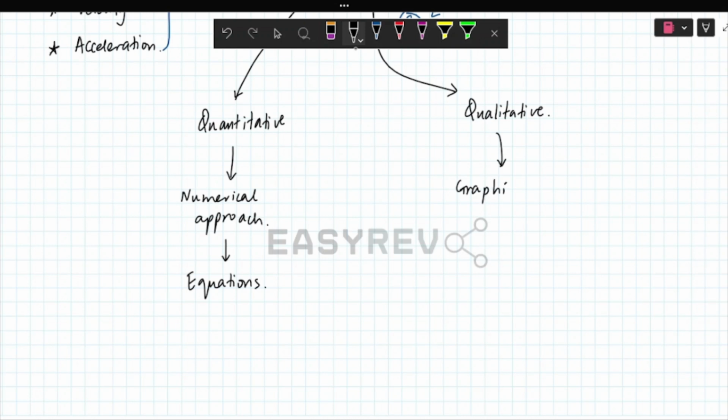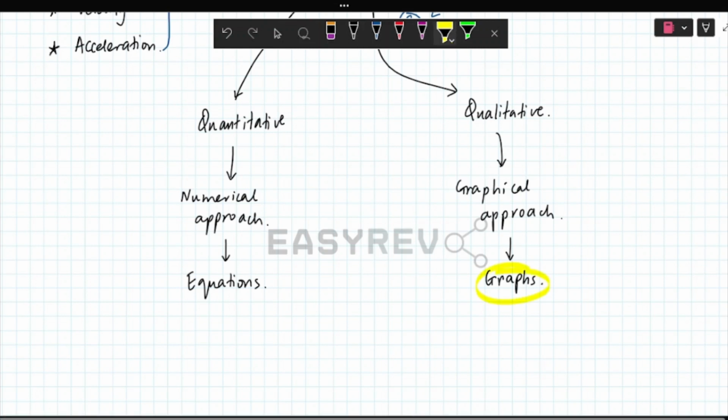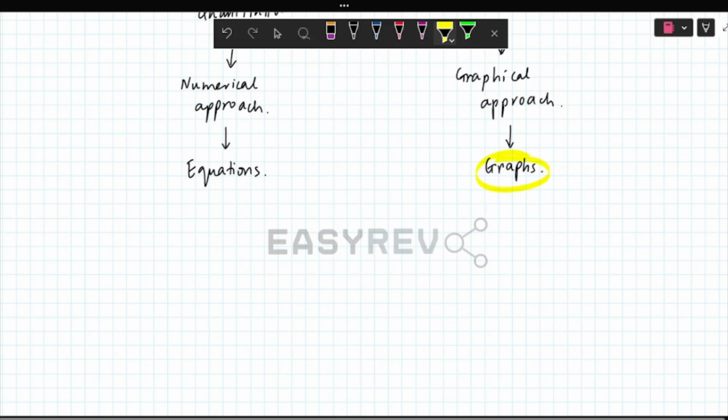So in our case, it's going to be predominantly a graphical approach, because of which we'll be relying most importantly on graphs. Now, for this, we need to first understand a basic notion of what a graphical approach entails. And in regards to kinematics, there are going to be two types of graphs that we will study.